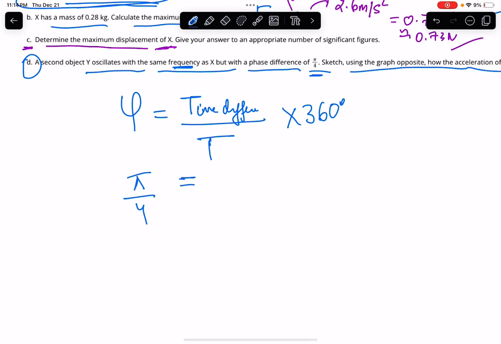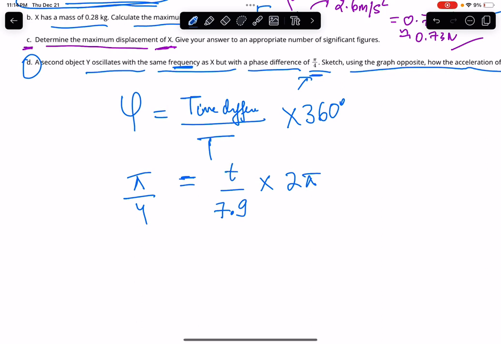Then we don't know the time difference, so we'll just call this small t. We do know our time period, which we calculated in the previous question, which is 7.9. We're simply multiplying this by 360, but because our phase difference is in terms of pi, we are going to be using 2 pi.